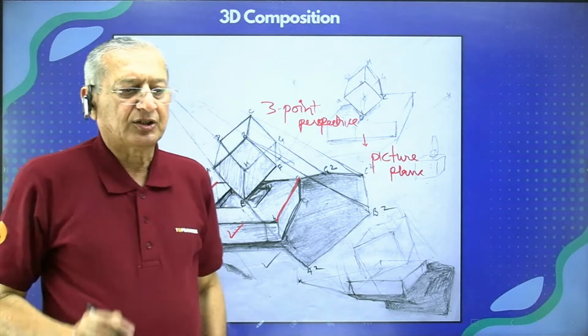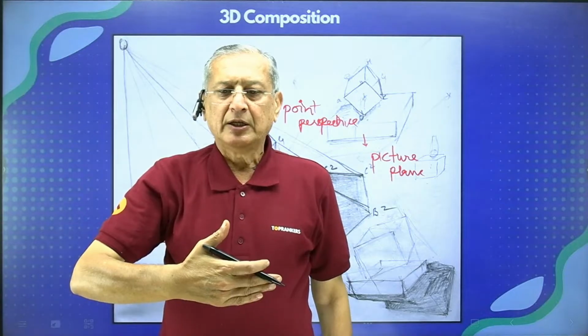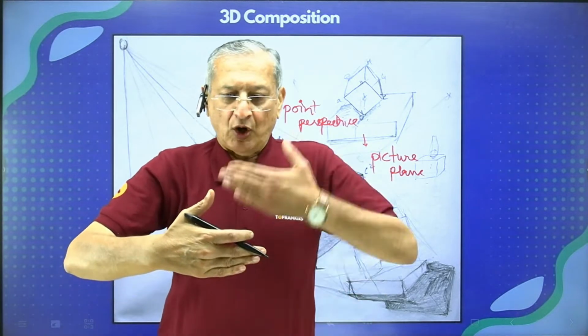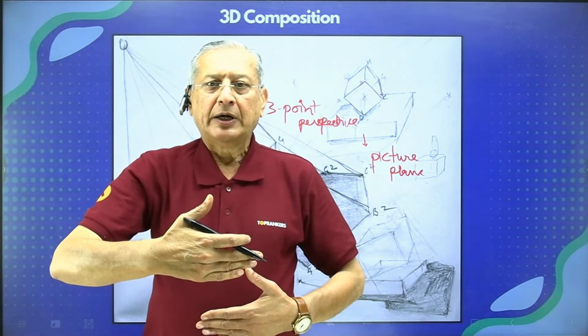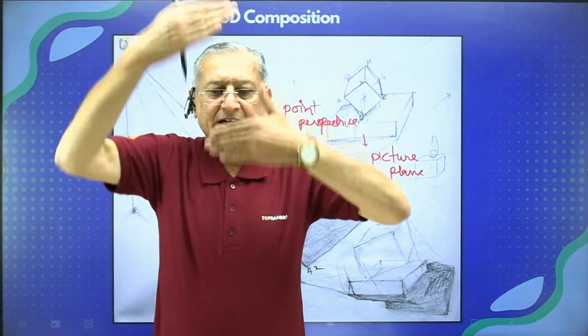In both the cases of 1 point and 2 point perspective, both the picture plane and the object are at right angles to the ground. That means they are upright.